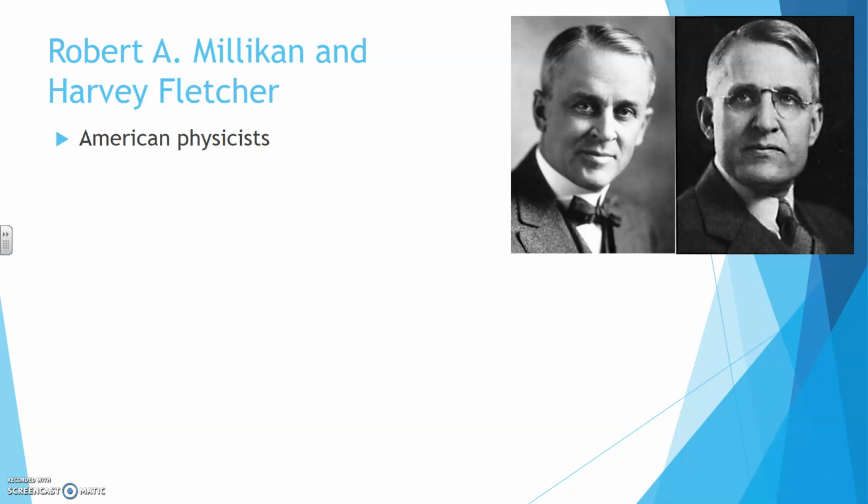In this case, Robert Millikan was a research professor, and Harvey Fletcher was actually one of his grad students. Now, Harvey Fletcher was the one who did all of this work, but because he was in Millikan's lab, Millikan was the one who was able to publish as the first author and got the credit for this discovery.